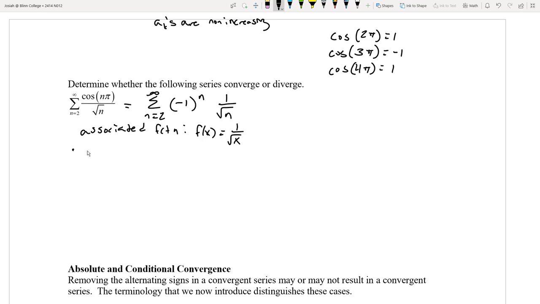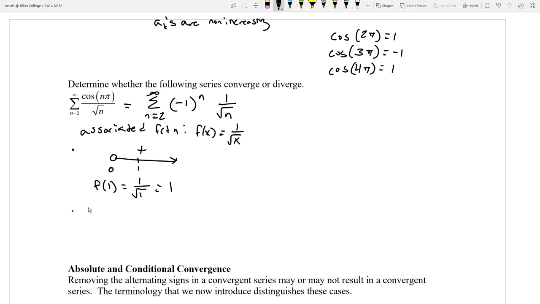Critical values, we've got our domain has a hole at 0, and actually we can't get any negative values in it, so we'll just have the right side there. We'll plug in a test value of, say, 1. F of 1 is going to be 1 over root 1, which is 1. Since we're starting at 2, we really just need positivity past 2, but we get positivity over the entire thing for free here.